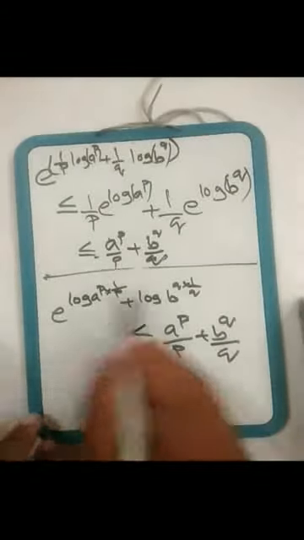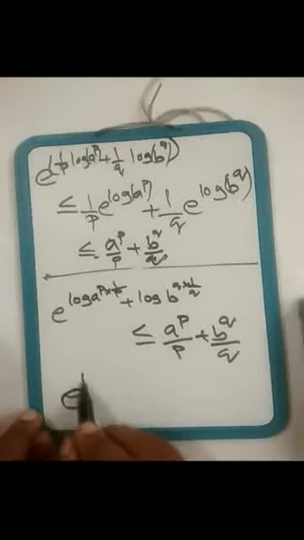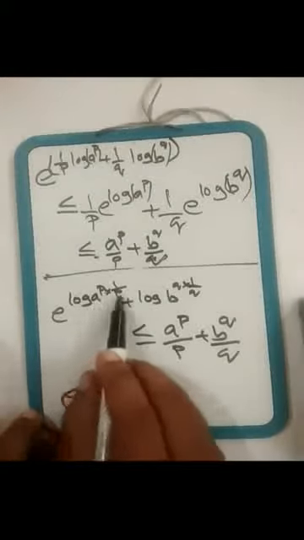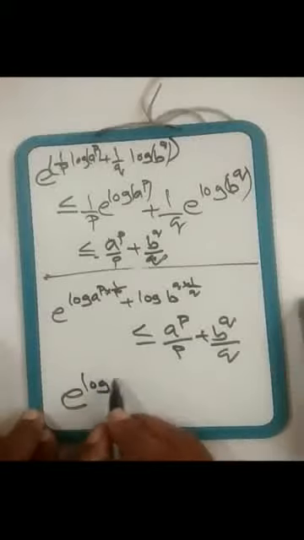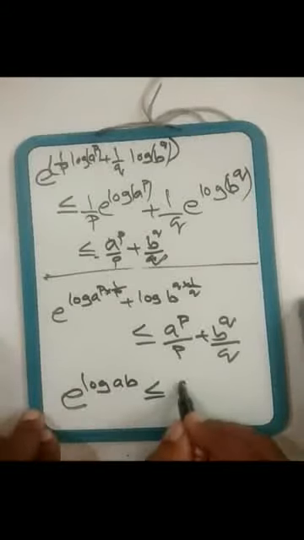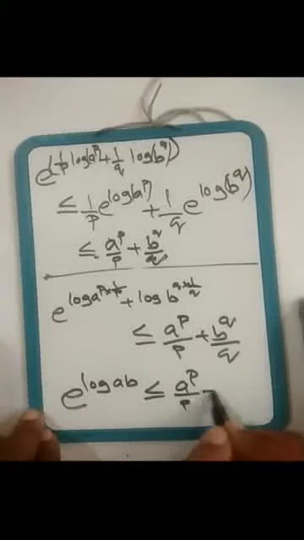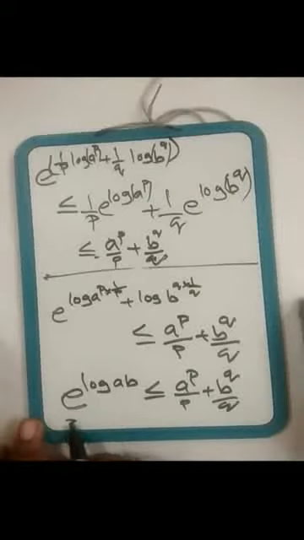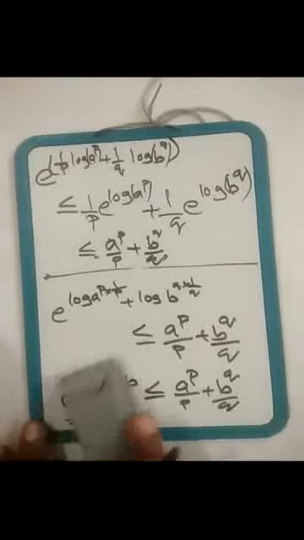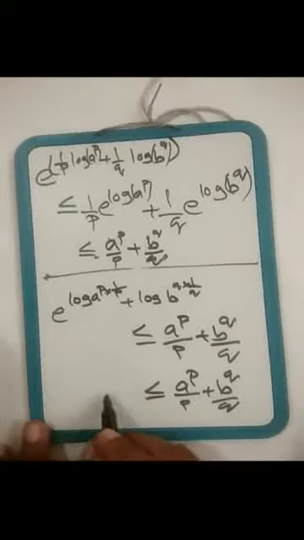So this is e raised to logarithm of a plus logarithm of b, which is nothing but logarithm of ab, less than or equal to a raised to p upon p plus b raised to q upon q. But e raised to log of ab is ab, so this implies that ab is less than or equal to this quantity.